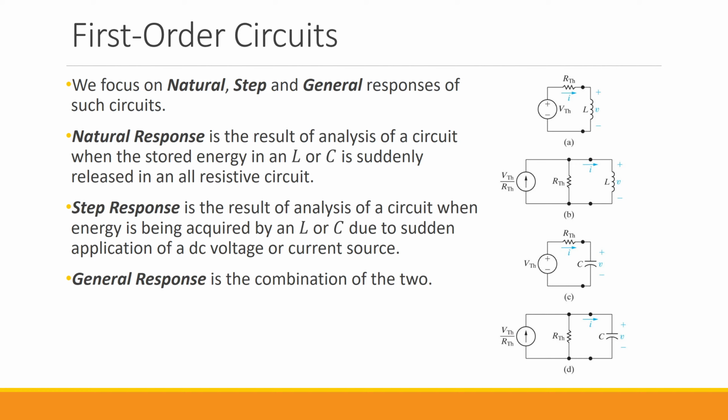The natural response is the result of analysis of a circuit when the stored energy in an inductor or capacitor is suddenly released in an all resistive circuit. For this case, we don't have any source, we only have an inductor or capacitor with initial energy that is being connected to a circuit that is all resistors.